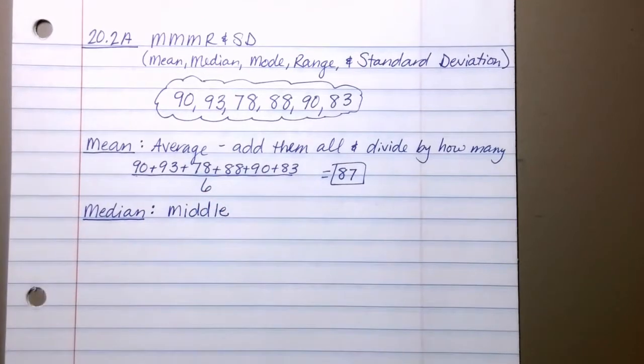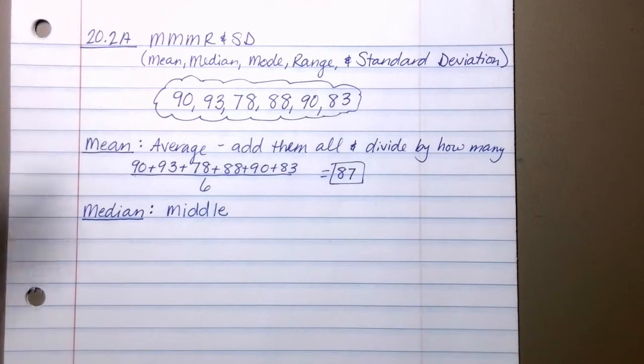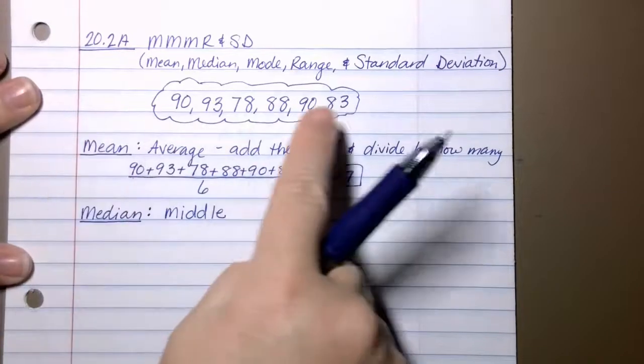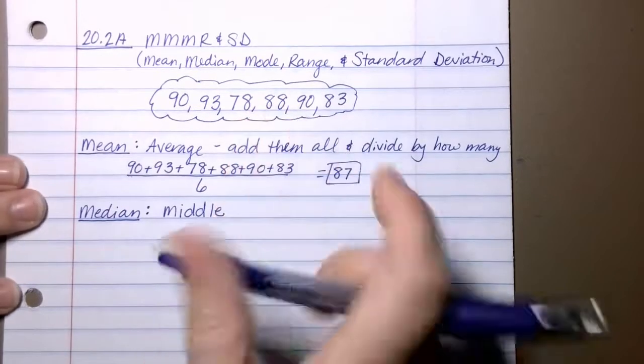Now, we have to be specific when we're talking about what goes in the middle, because depending on what order you write your numbers in, you could have different numbers in the middle, right? If I wrote them in this order, then 78 and 88 are in the middle, right? So we have to have some standard way of doing that.